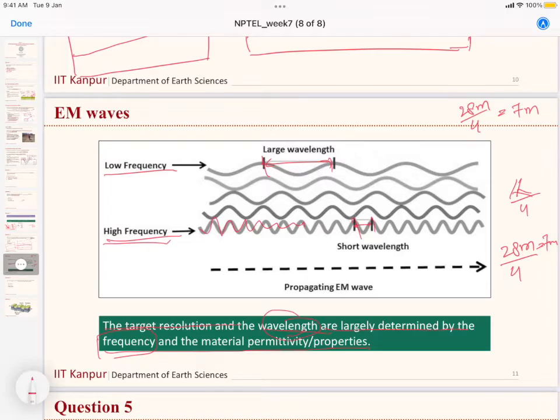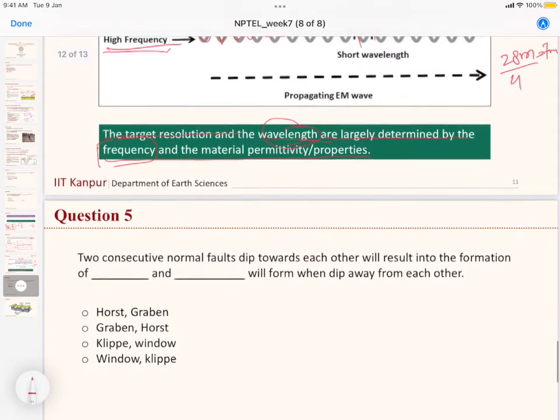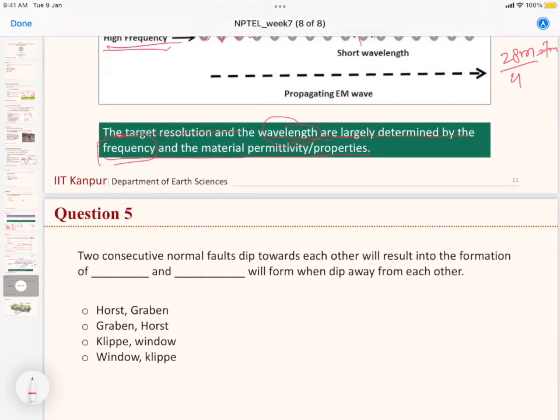Now moving further, let's move to another question, which is not related to geophysics or surveying. Now it's related to geology.